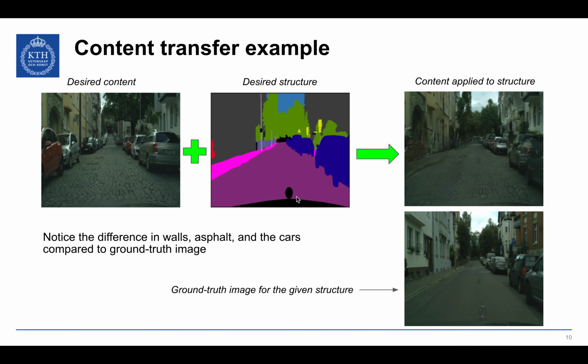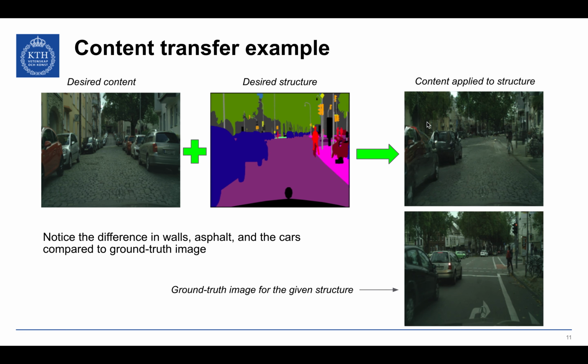So we can, for instance, see that by doing so, we can transfer this desired content to a new structure, which results in a synthesized image that is totally different from what we had as ground truth. For instance, notice a difference in the asphalt and the color of the building.